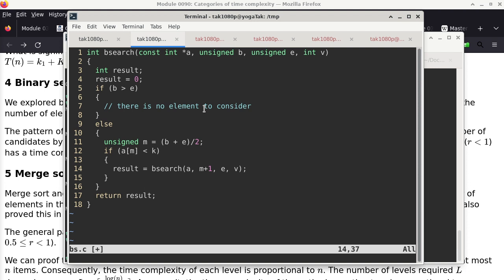All right. And then the next thing we do is to ask else if A bracket M is greater than K. Because if A bracket M is greater than K, that means A bracket M plus 1, which is greater than or equal to A bracket M, is also greater than K. It also means A bracket M plus 2 is also greater than K, and so on.